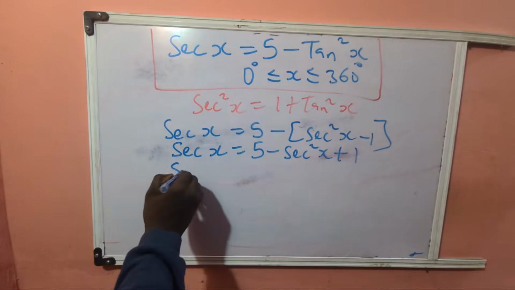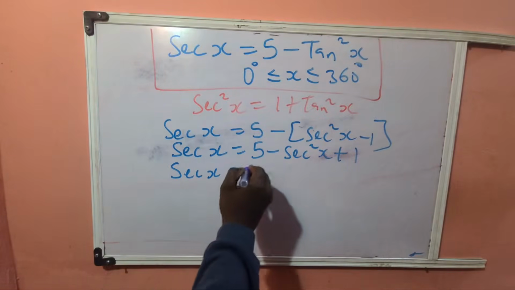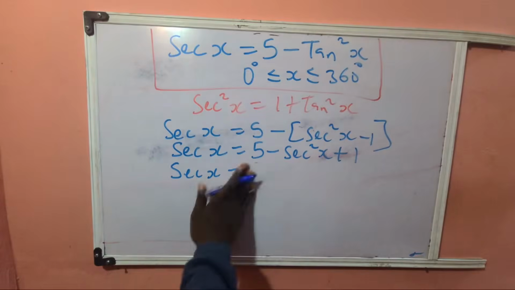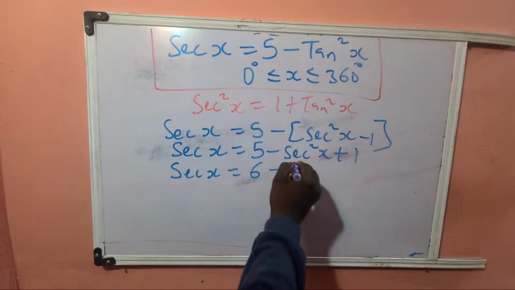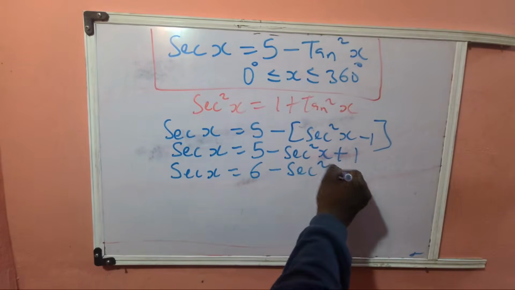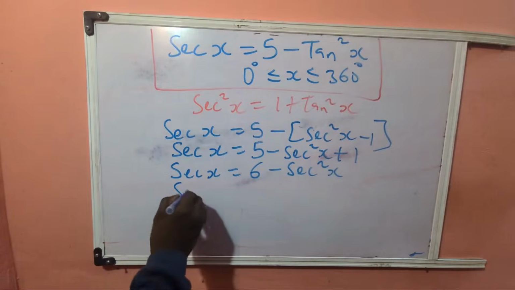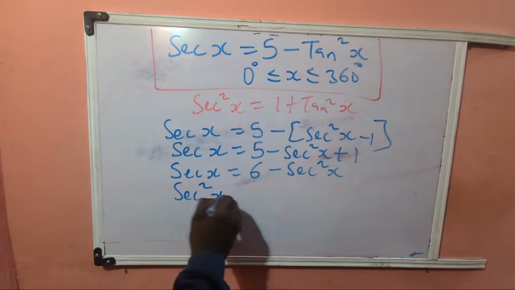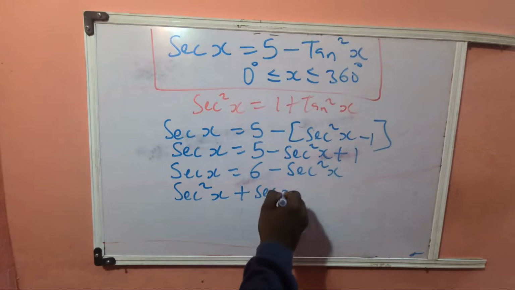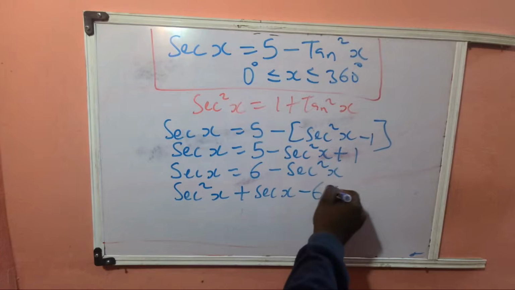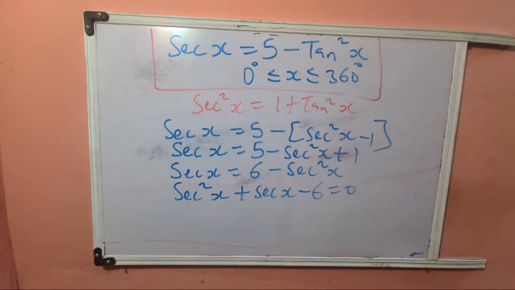So this will be sec x equals 5 plus 1 will be 6, that will be 6 minus sec square x. Are you following, or is it making sense? All right, so what do we do next? We can fix everything on one side. We have sec square x plus sec x minus 6 is equal to 0.